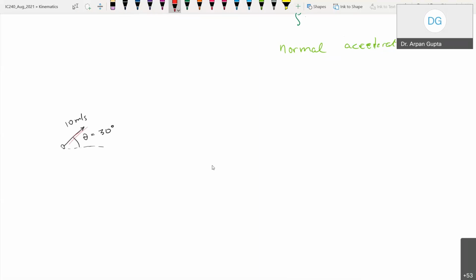Suppose the angle is just a little bigger, but it's okay. Now it is going to have a motion something like this. And the question is, can we calculate the radius of curvature? We can calculate it at any point, and let's calculate the radius of curvature at the highest point.